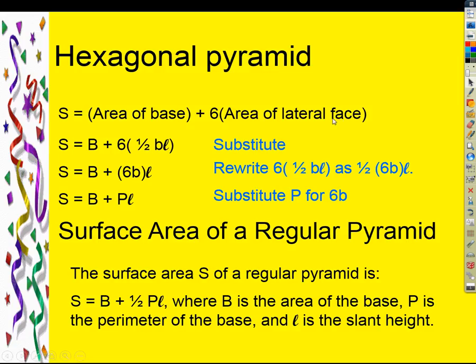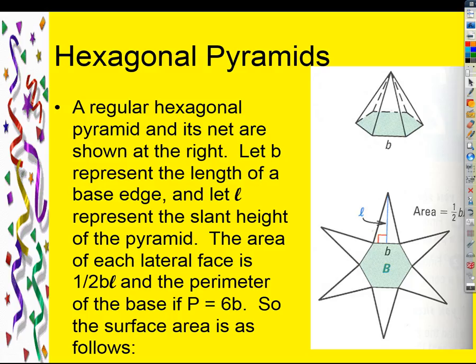So what is the area of a triangular lateral face? Well, we said that the base edge was b, and the slant height we're going to call L. Everybody see that this is the slant height right here? If I draw this segment on the pyramid, it would be right there.